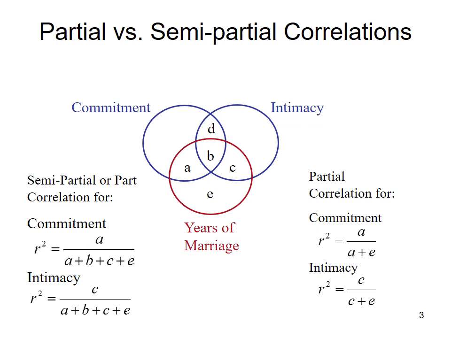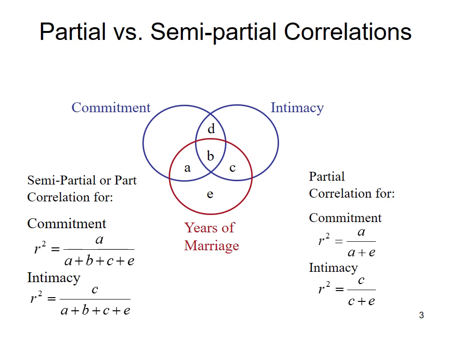The partial correlation is looking at unique variance in both the predictor and the outcome. So when we're calculating a partial correlation, we want to know how much variance is uniquely explained by one predictor relative to variance in our outcome that is not explained by any other predictor.